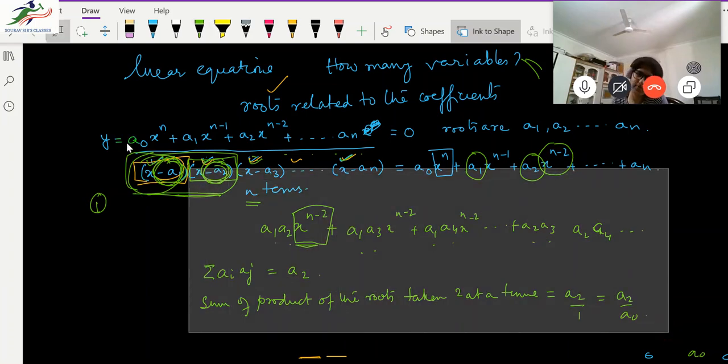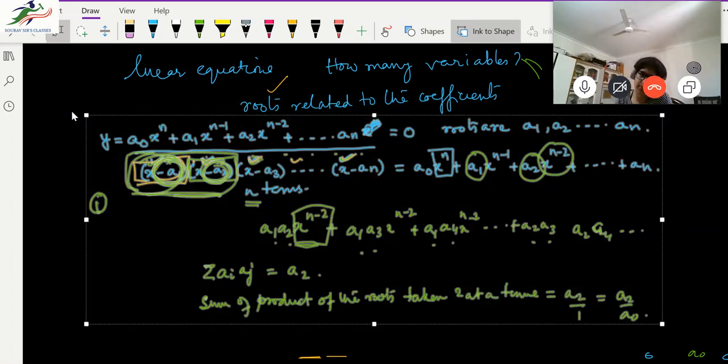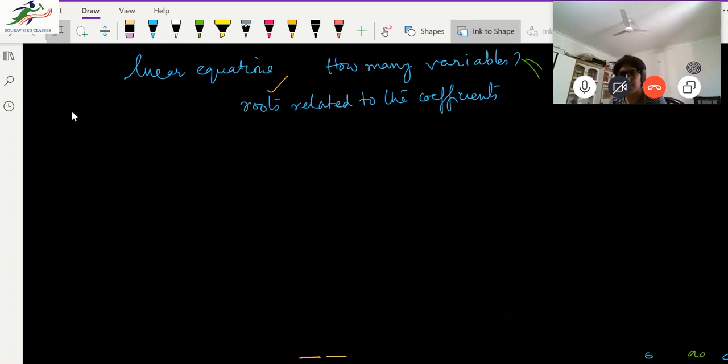Now, why did we do all this? What is the meaning of doing all this? If I have an equation y equal to 7x squared plus 4x plus 3, what would be the sum of the roots?